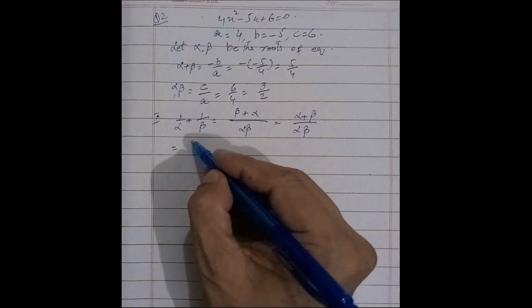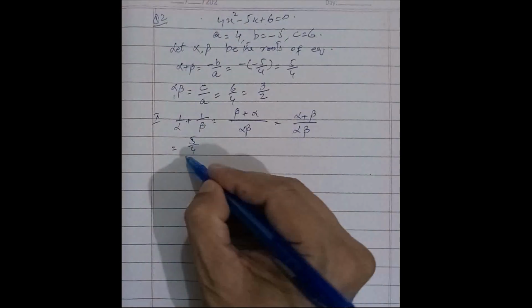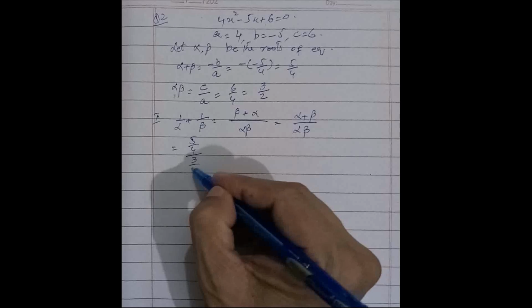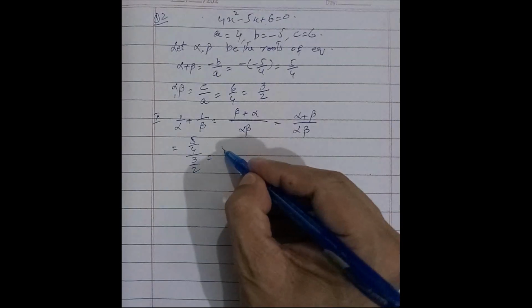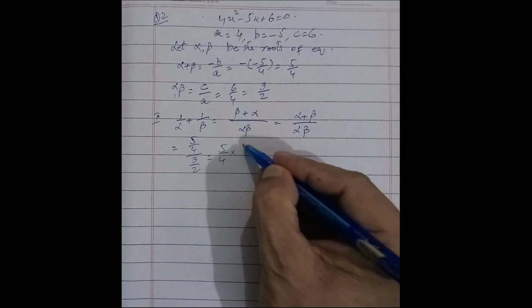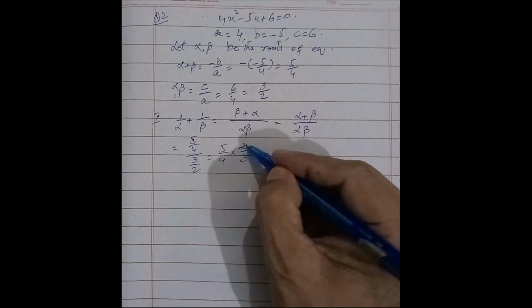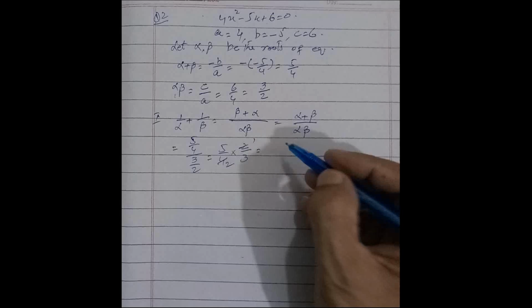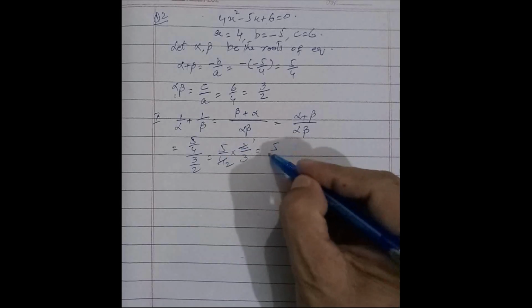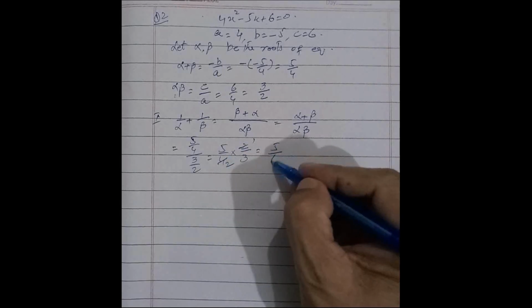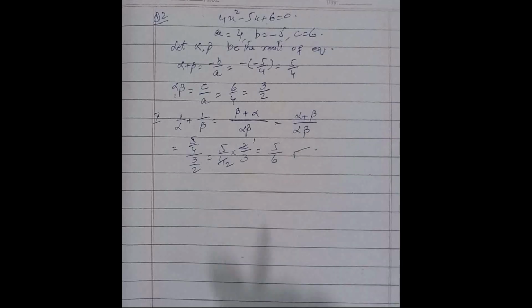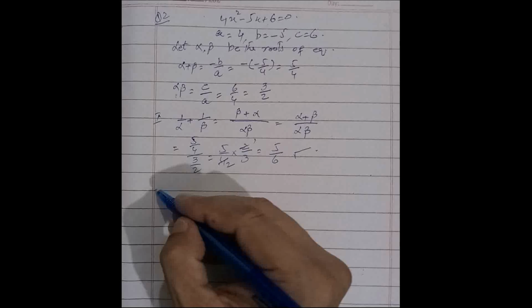We get 5 over 4 over 3 over 2. Now simplify it. 5 over 4 multiplied by 2 over 3. Simplify further. 2 ones are 2, 2 twos are 4, 5 ones are 5 over 2 threes are 6. And this is the answer of part 1.